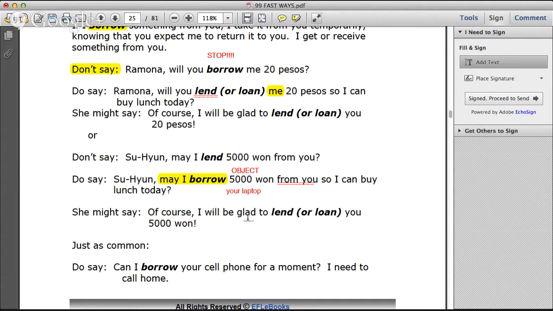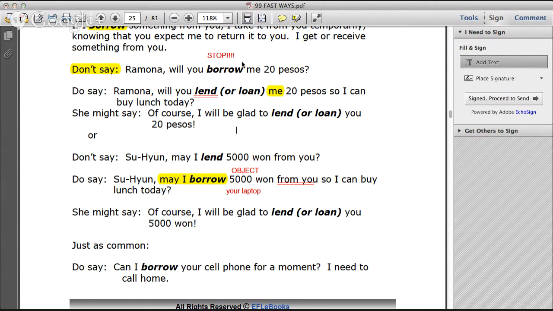Teacher, I don't think so. We will use some preposition after borrow, right? May I borrow your book to read? Yeah, right.